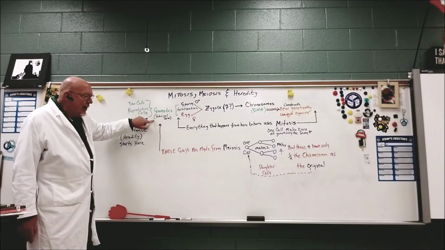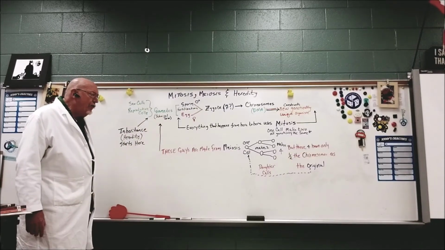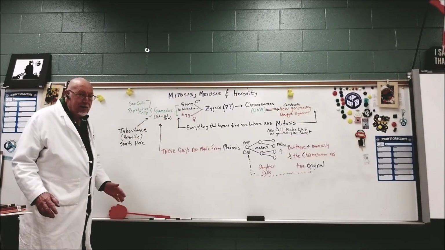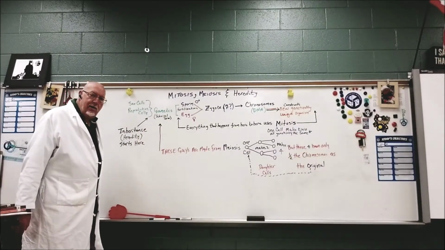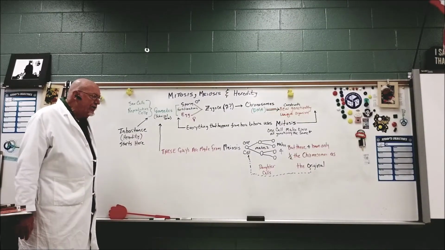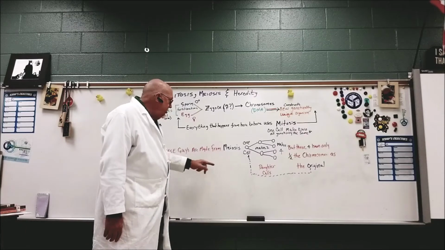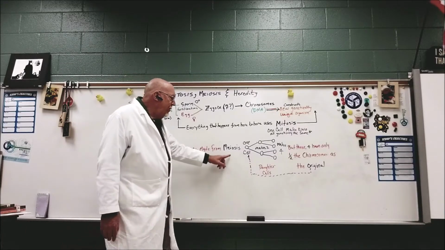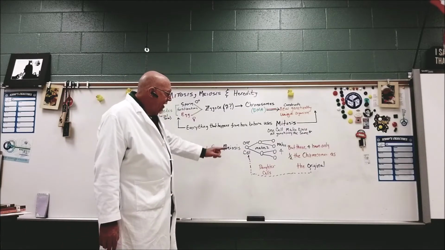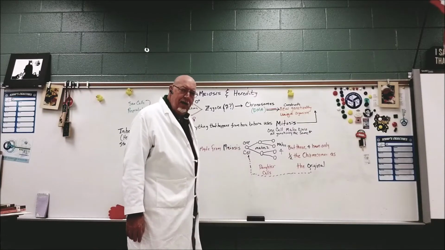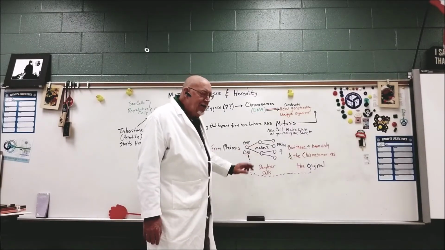Now, these gametes are formed by a different set of rules and a different type of cell reproduction. And that's called meiosis. So the gametes form from a process called meiosis. And meiosis has one cell, and of course, that cell will divide and make two cells.